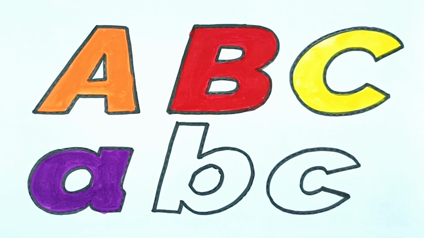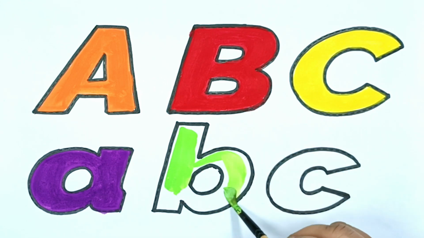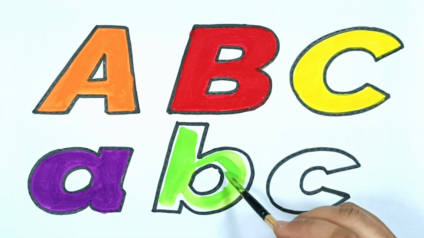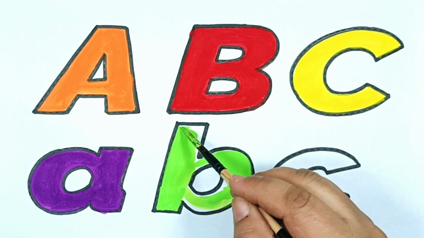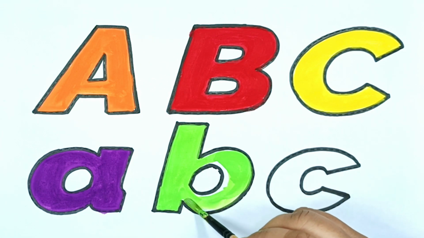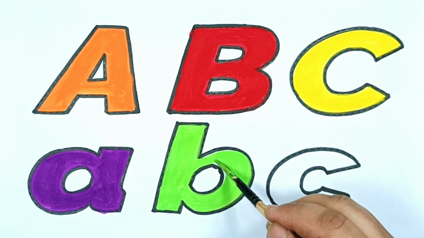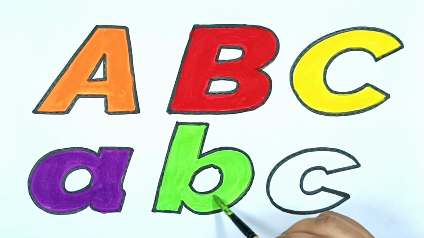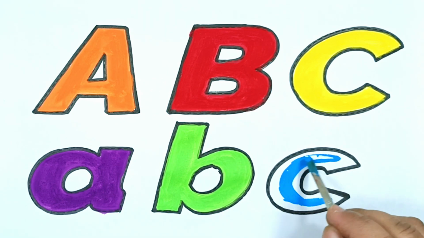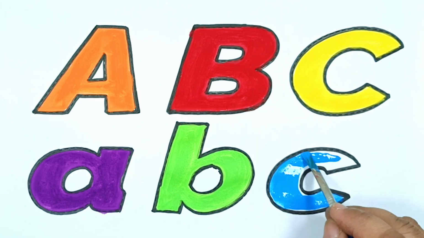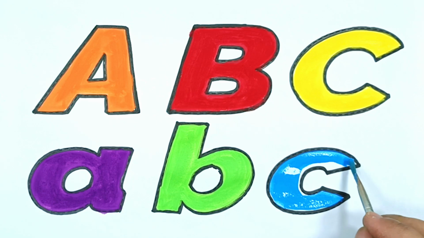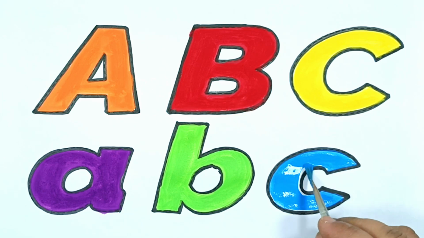C is for carrot. B is for bat. C is for car.